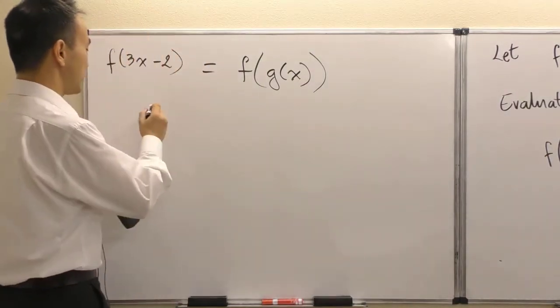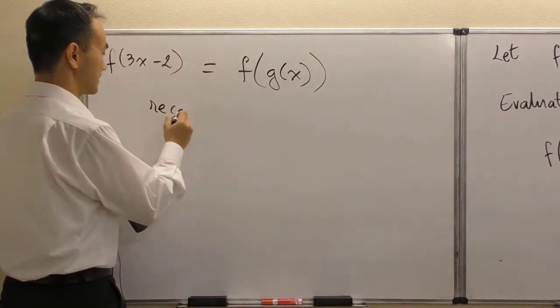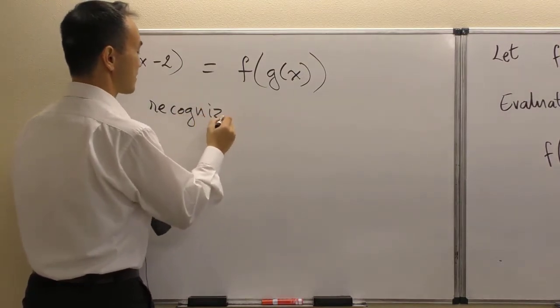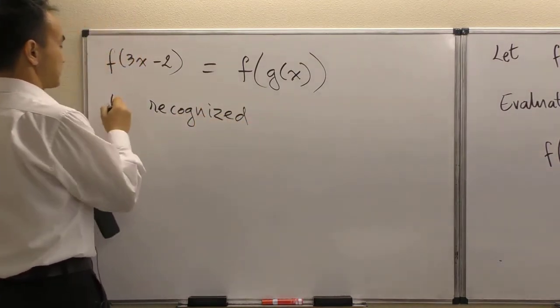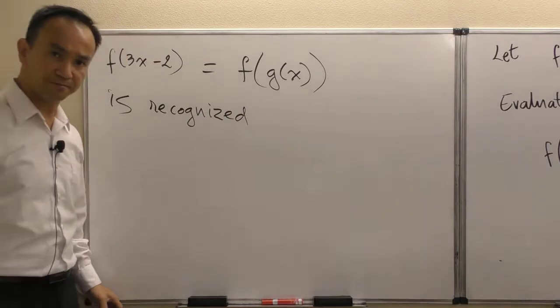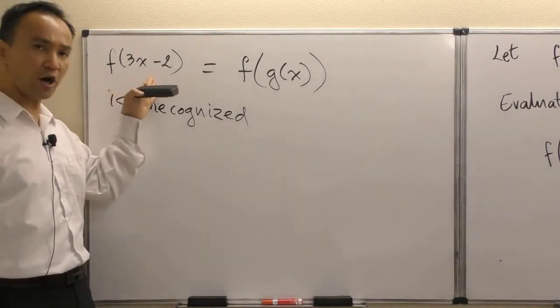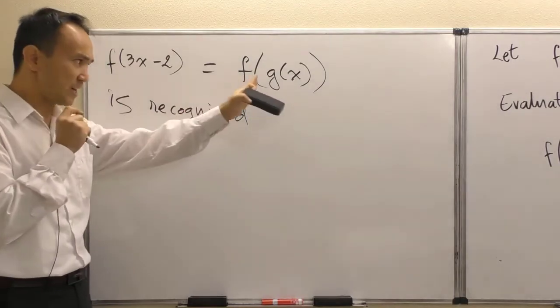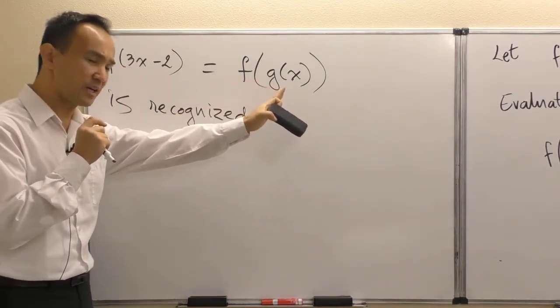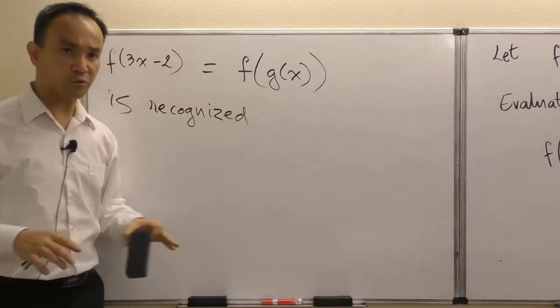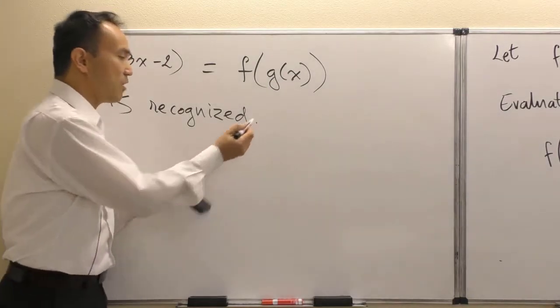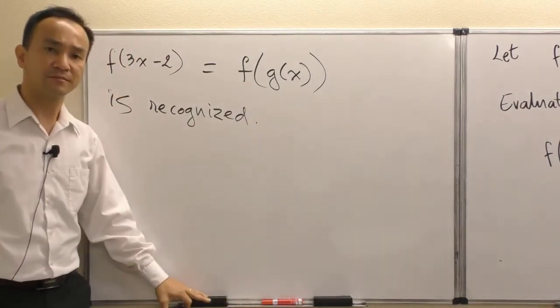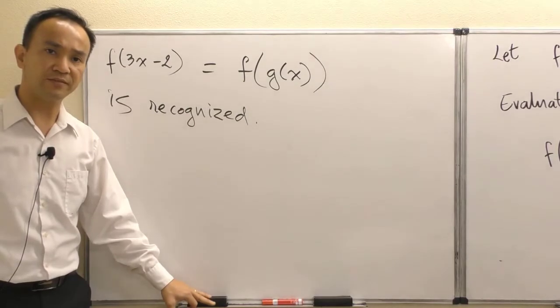So this is what we recognize right here. This thing that we saw in the beginning of our problem, wait a minute, it should have been recognized as f of g of x, or in case we didn't, now we realize that. That's f of g of x.